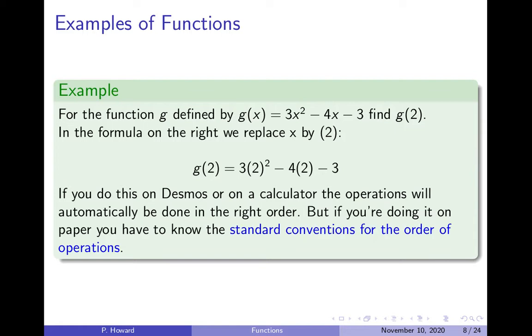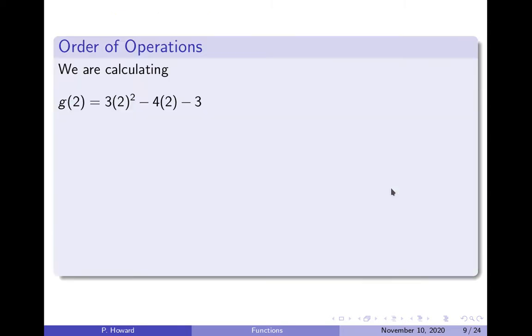If you're going to do it with pencil and paper, you've got to be sure that you do the operations in the right order. So what I'm about to tell you is something you probably already know. We're calculating g of 2, which is 3 times quantity 2 squared minus 4 times 2 minus 3.